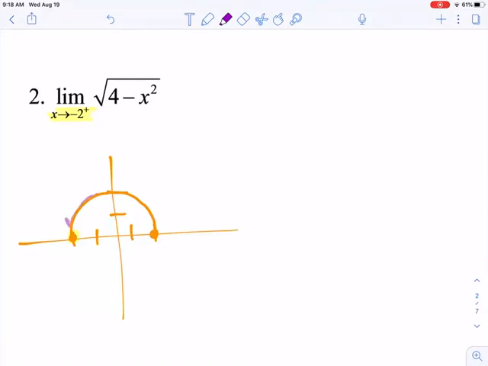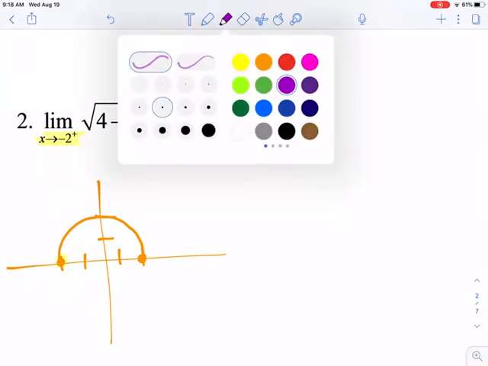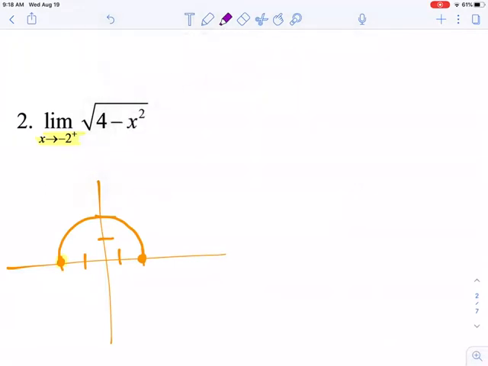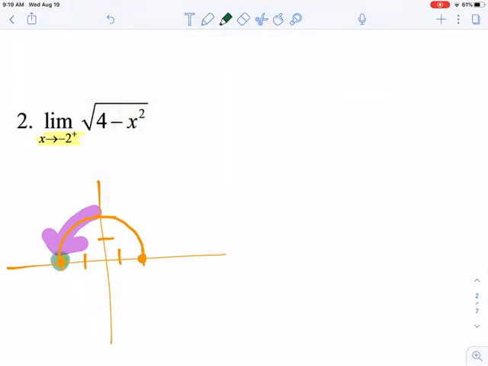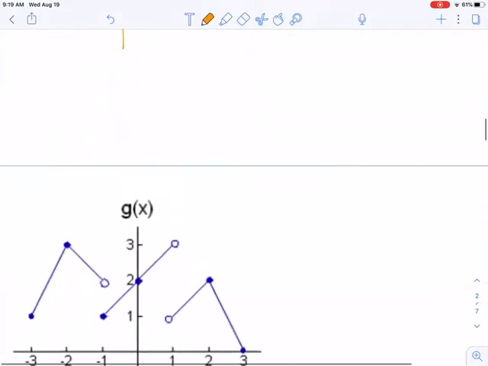We can't approach it from anywhere but the right side. So as we approach it from the right side, we see that we're approaching this coordinate right here. So we know that this is 0.